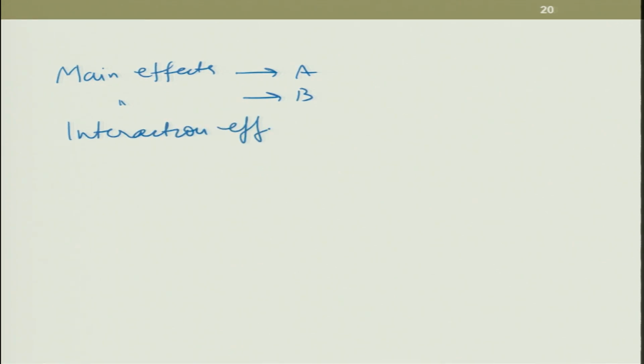So, now you can see we have found the main effect of A, main effect of B, interaction effect AB, and general mean effect.